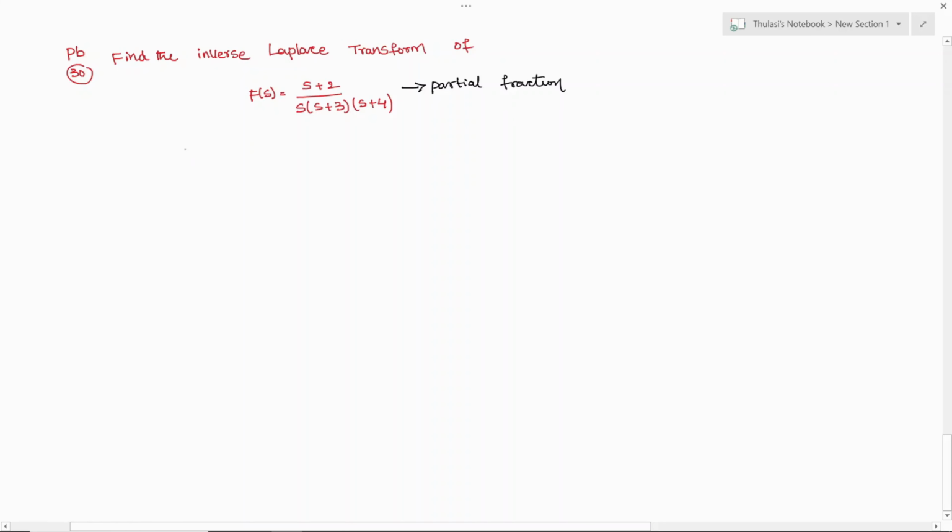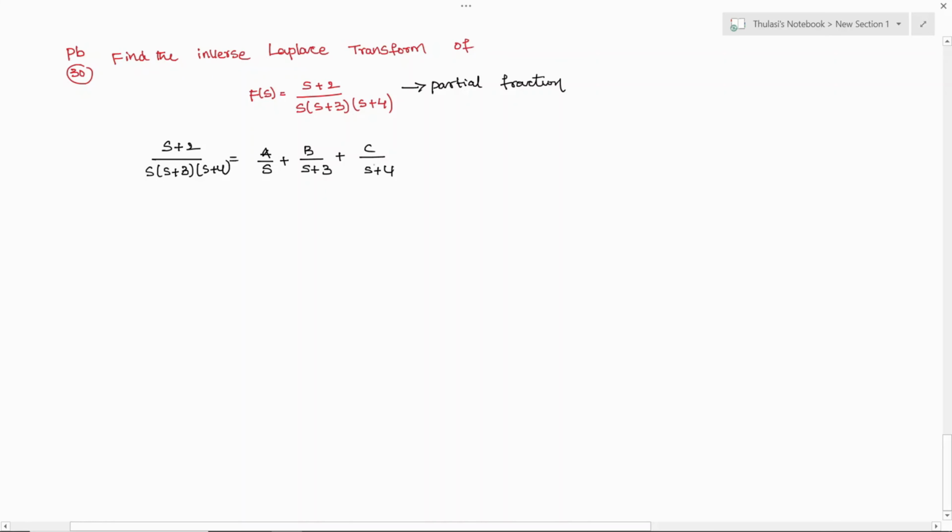Here I can write (s+2) divided by s(s+3)(s+4) equal to A/s + B/(s+3) + C/(s+4).